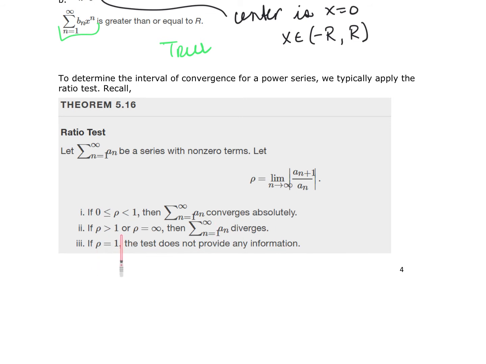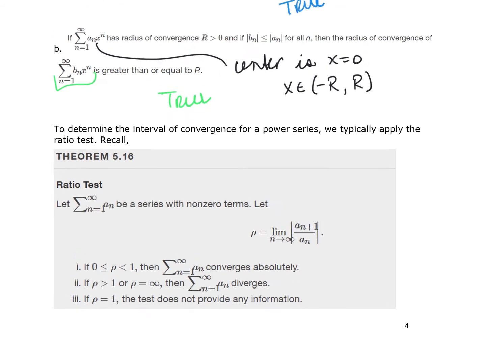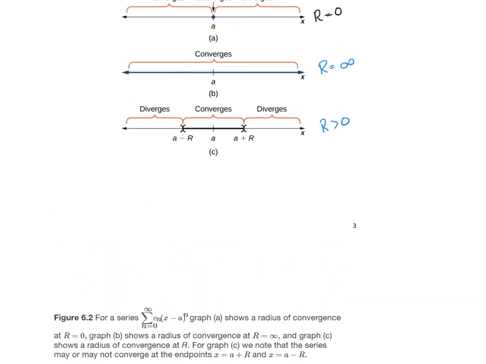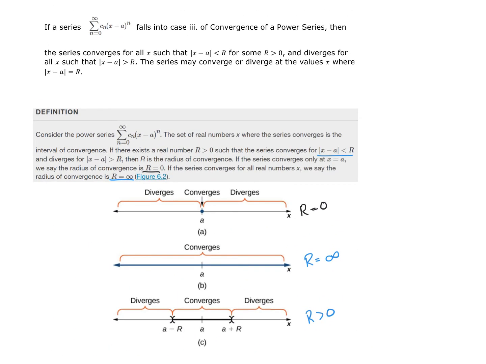If rho is greater than 1, or rho is equal to infinity, then it diverges. And if rho equals 1, this doesn't provide any information. We got this from our chapter 5. We're going to combine this theorem with this definition.